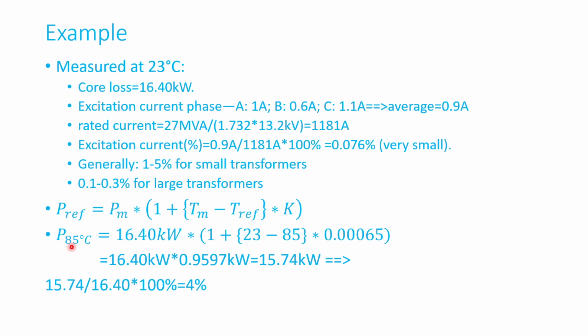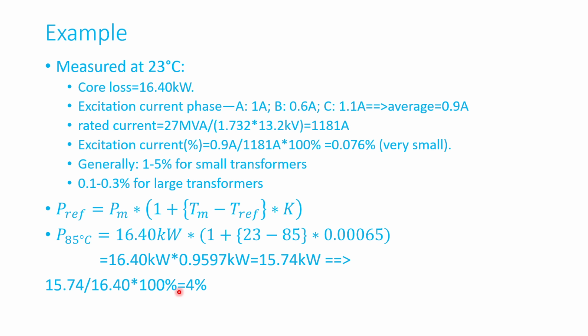So the core losses at 85 degrees Celsius is 16.4 times 1 plus 23 minus the reference temperature, in this case I'm choosing 85, times the constant. You see the coefficient went down, making the core losses go down as well. So 15.74 kilowatt. If I take the ratios, it's about 4%.